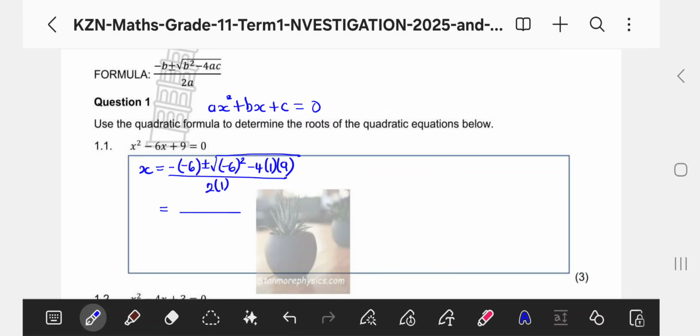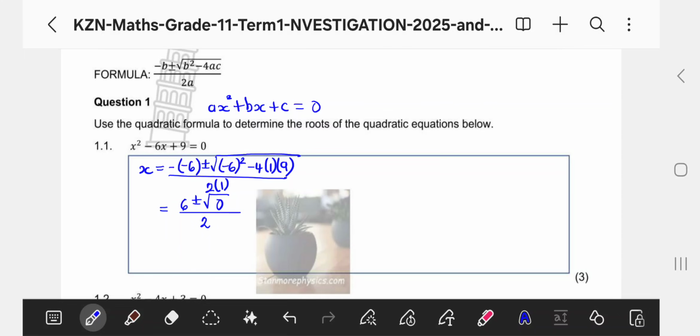Now I need you to please simplify this before you get the values. Simplifying the first part, negative times negative 6 is positive 6. Then plus or minus, and you put everything underneath the square root on your calculator. That should give you 0. Simplifying the denominator, 2 times 1 gives you 2.